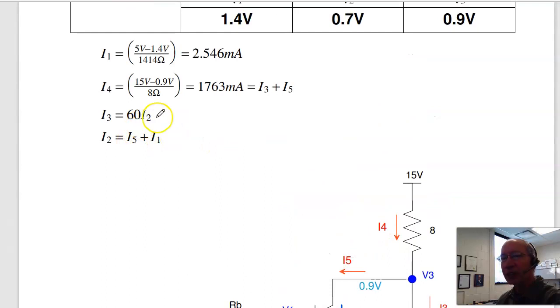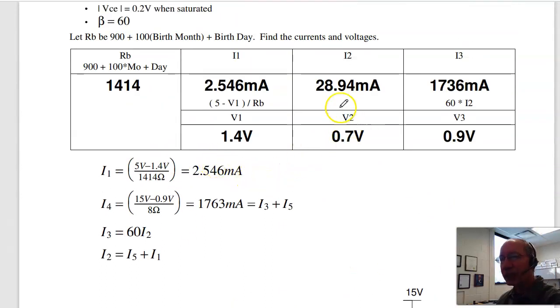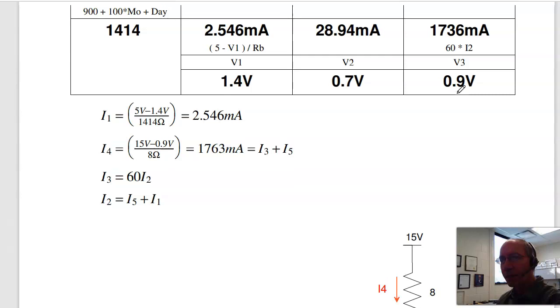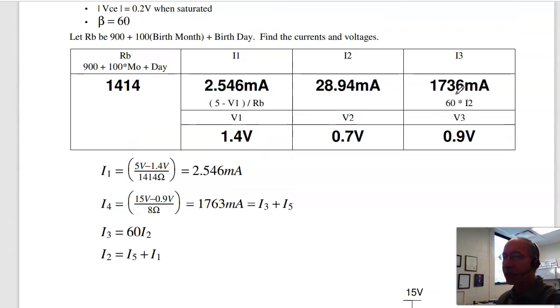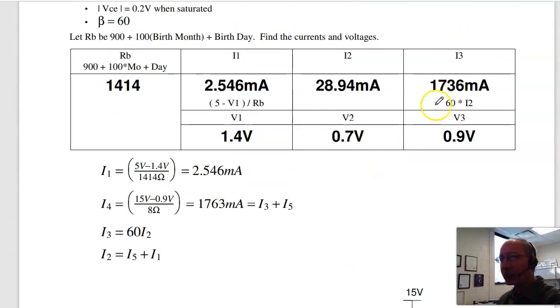With that, I can substitute and solve, and what you wind up with is I2 is 28 milliamps, I3 is 60 times that, 1736 milliamps. And that'd be your answer. You also get I5 and I4 in the process, but here we're just asking for those two.